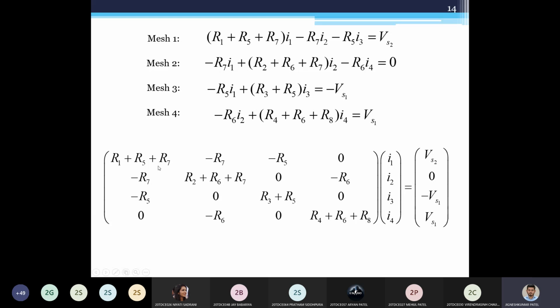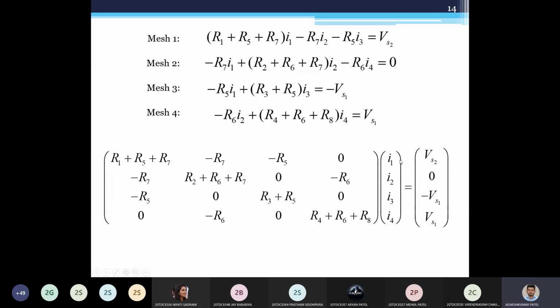In an actual example, the value of resistance will be provided to us, the value of voltage sources would be available with us, but the current would not be available, and we are actually going to find out the current using mesh analysis. So we'll be finding I1, I2, I3 and I4.